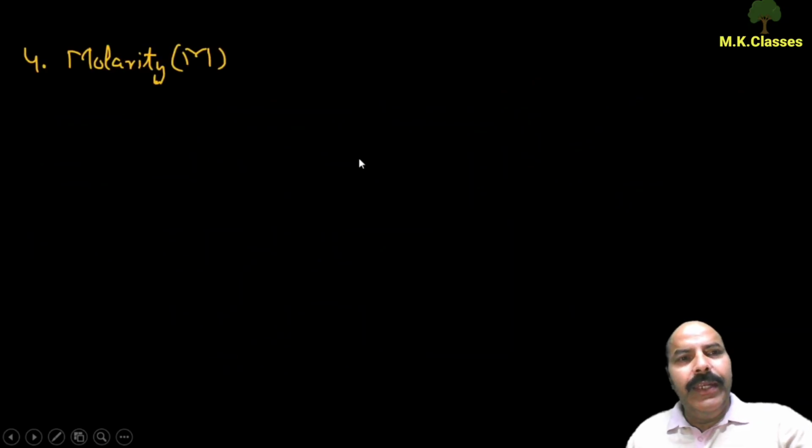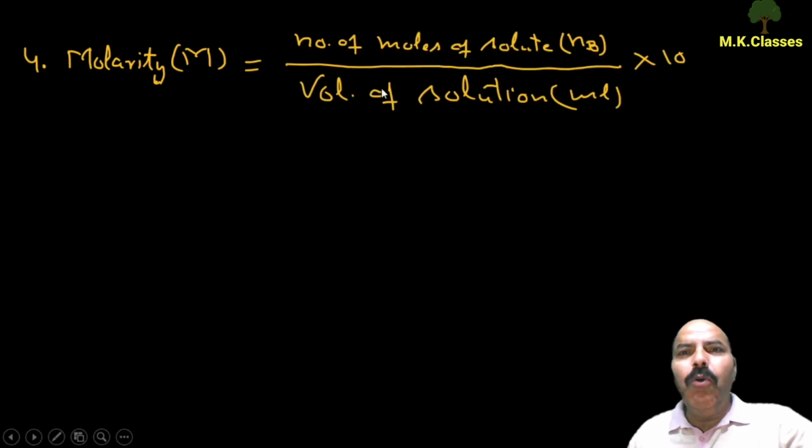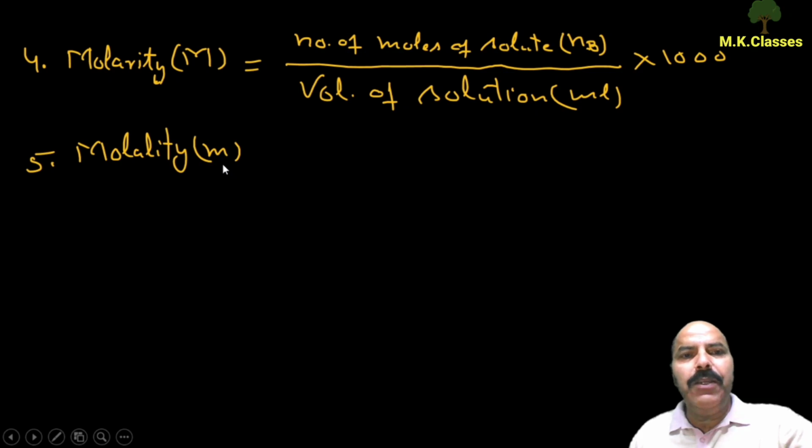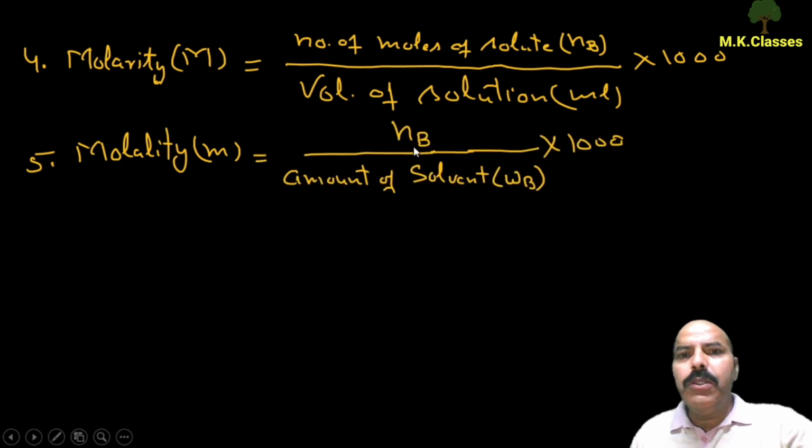Then next is molarity, expressed by capital M, that is number of moles of the solute, nB, upon volume of the solution in milliliters into 1000. Then molality, expressed by small m, is number of moles of the solute upon amount of the solvent, that is WA, into 1000.